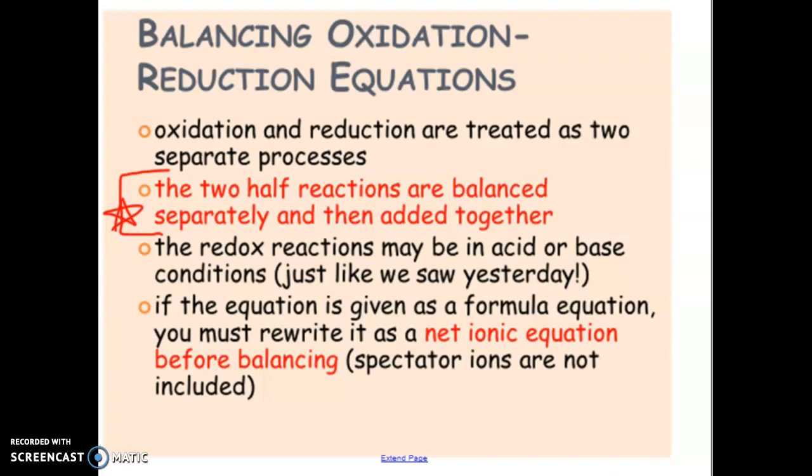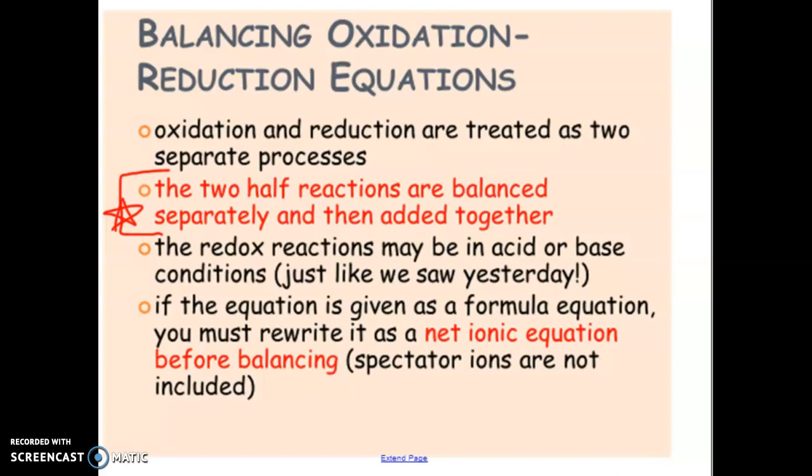Essentially you'd have your oxidation half reaction and your reduction half reaction, and you would balance each of them separately, and then at the very end you would recombine them to get your total redox reaction.